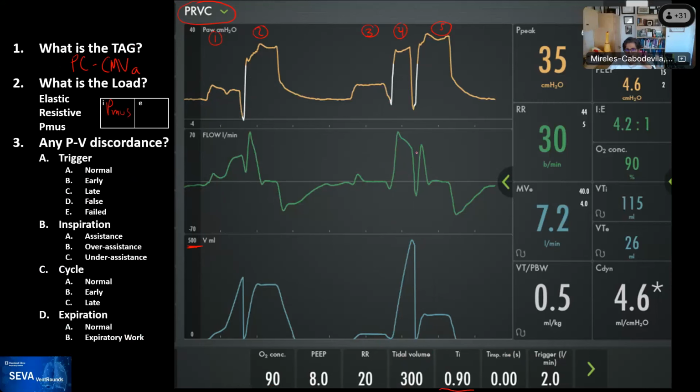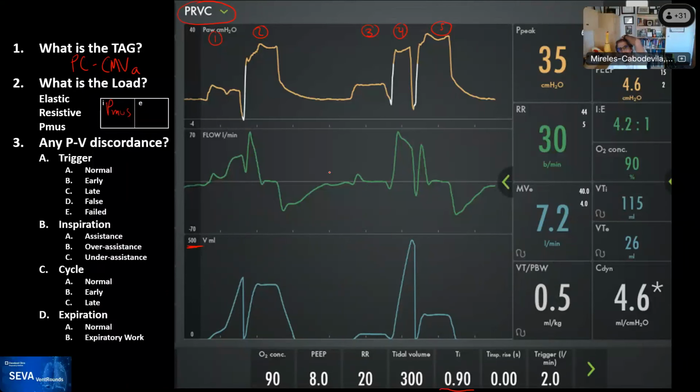So in 4, this is all PMUS. It does, yeah, Arcel, that's right. So in the third one, you see it was triggered by the machine, and there's this little humpity dump, very small, tiny, and sad, in which very little tidal volume went into the patient, and it goes back to baseline very fast.